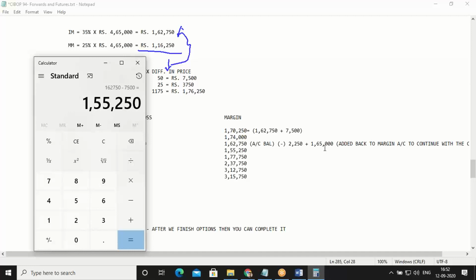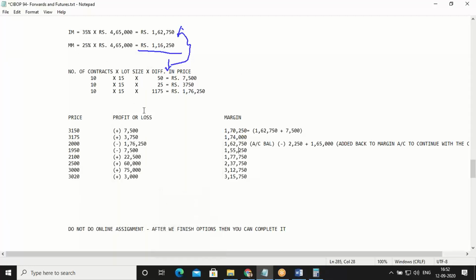Because your account balance is already negative, so your account balance has to come back to 1,62,750. That's your current account balance, and from that 7,500 is deducted. So you're taking back your initial margin, that is 1,62,750, and you're subtracting the loss, which was 7,500, which comes up to 1,55,250.